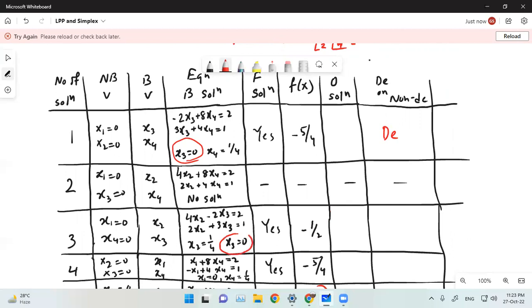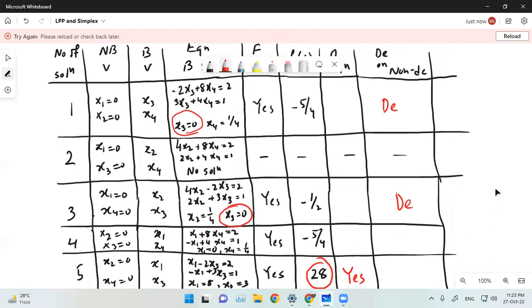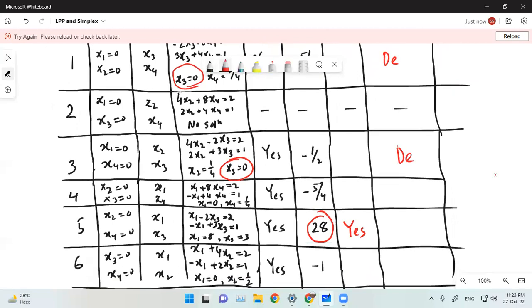Here we have 0. So this is also degenerate. And this is 0 as well. So degenerate. This is both of them non-zero. So this is actually non-degenerate. And the last one is also degenerate.